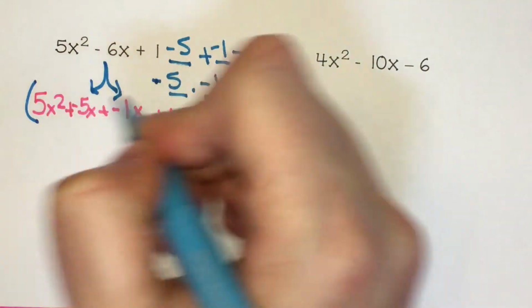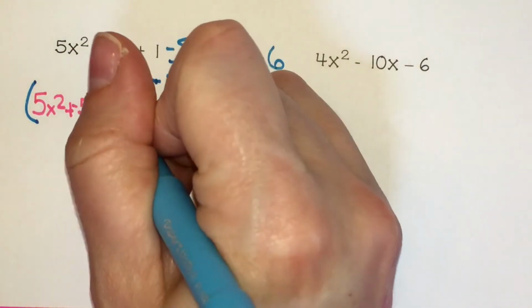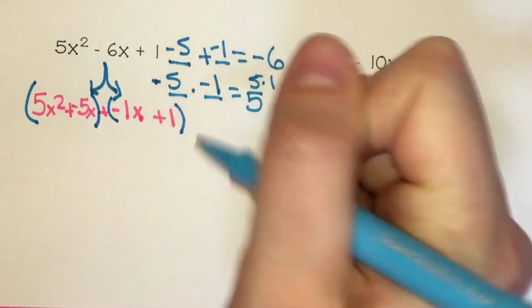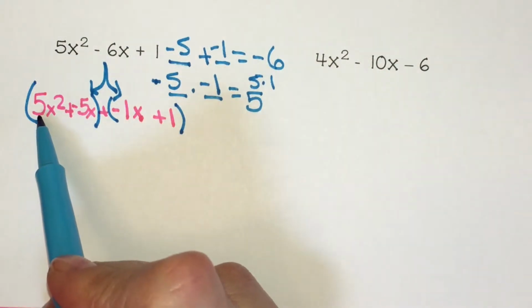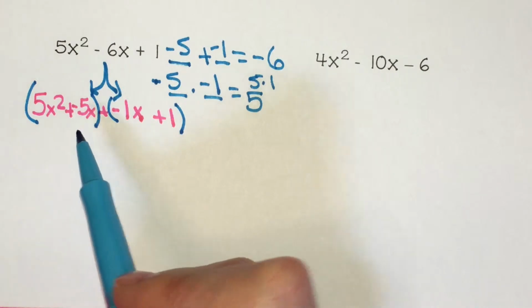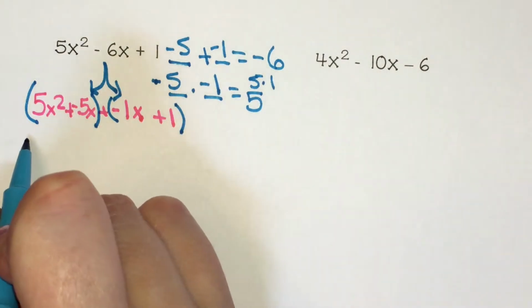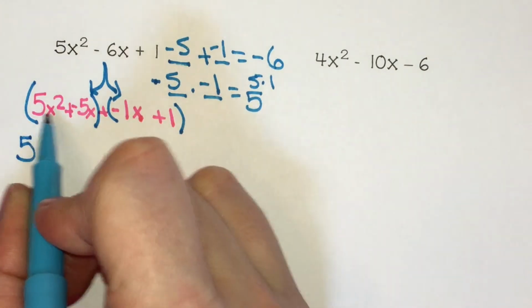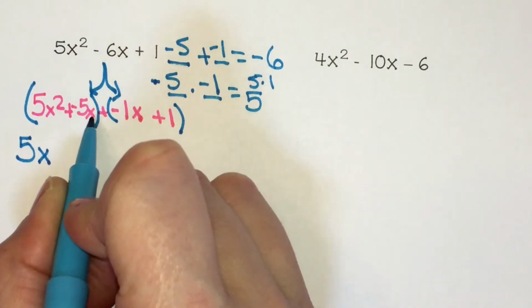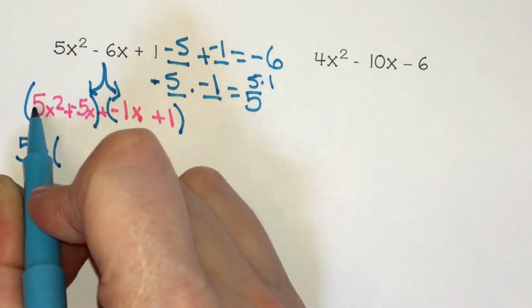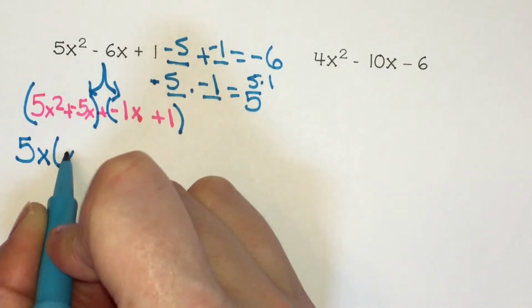Okay, so parentheses around those two, parentheses around the last two. Let's see what we can factor out. All right, 5x squared plus negative 5x. I'm going to factor out a positive 5 because they can both be divided by 5, and I can factor out an x because they each have at least one x in them. 5x squared divided by 5x is x.